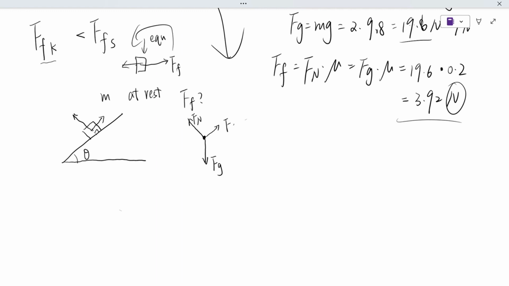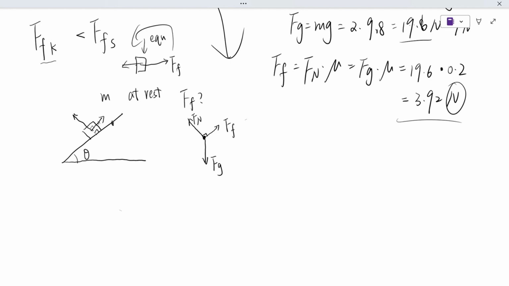This is the friction force. Also, the normal force is perpendicular to the friction force, because the friction force is parallel to the surface and the normal force is perpendicular to the surface.